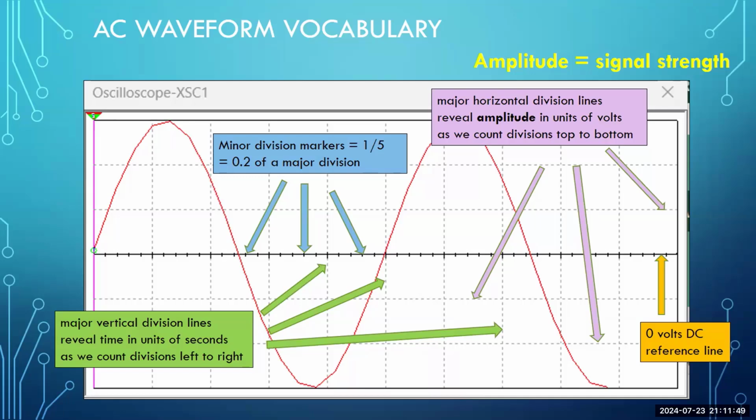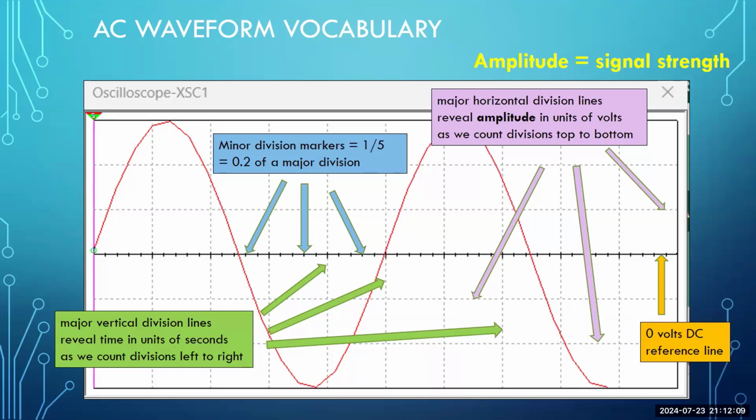So each minor division marker represents 1/5 of a major division, or approximately 0.2 of a major division. Knowing this terminology will help you more precisely make measurements when those waveforms don't line up with a major division line.